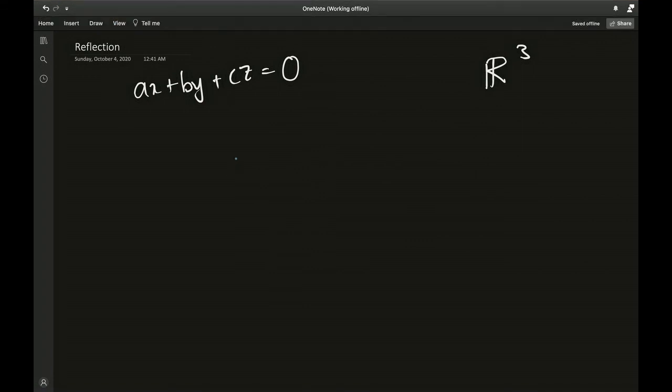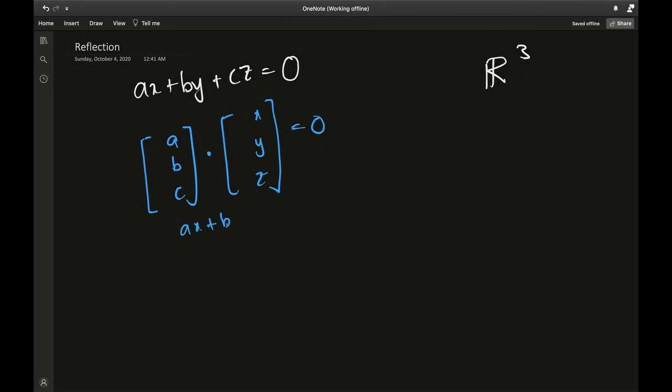Now before doing anything, and I hope you're familiar with dot products, let's notice this one thing. If you take the vector ABC and you dot it with x, y, z, you're gonna get 0, because you'll just get ax plus by plus cz, which according to our constraint is 0.